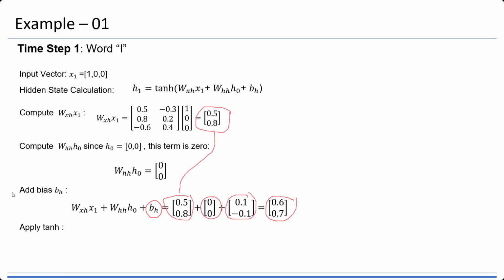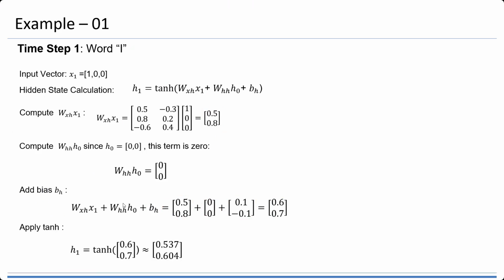And we will do the tangent. The tangent function is a result from this one, and we got the value, the h1 is this value. So the updated h1, now we are going to use this one as the input for the next function.